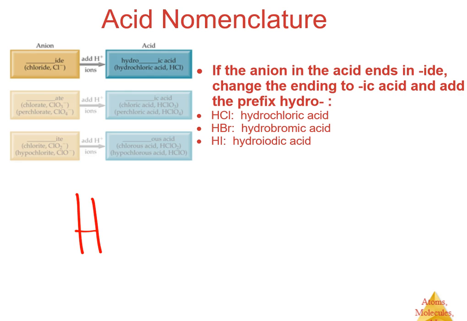The number of H's is never indicated in the name of an acid, so don't even think about it, consider it, or worry about it. How we name an acid is always determined by the anion. Whatever's there will determine what the name of the acid is, okay? So look, we're looking at the anion. Don't worry about the H's.